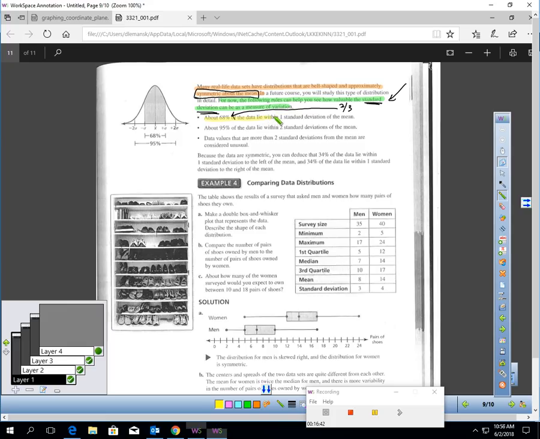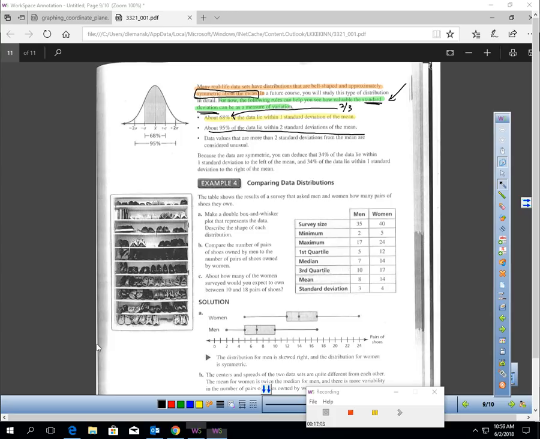About 2/3 of the data lie within one standard deviation of the mean. So when you calculate the standard deviation, 2/3 of your data will fall within that standard deviation of the mean. 95% lies within 2 standard deviations of the mean, okay?